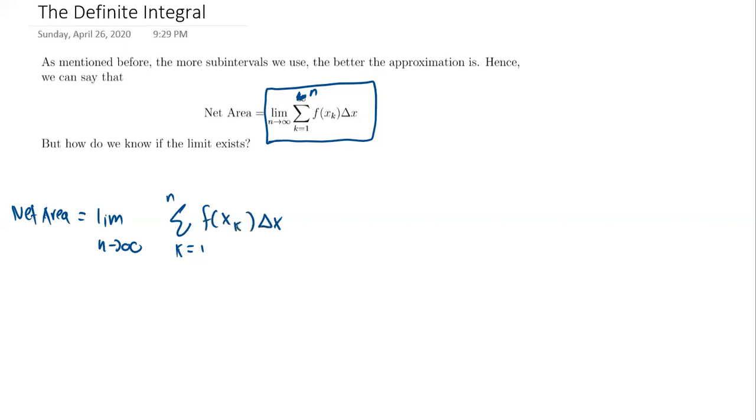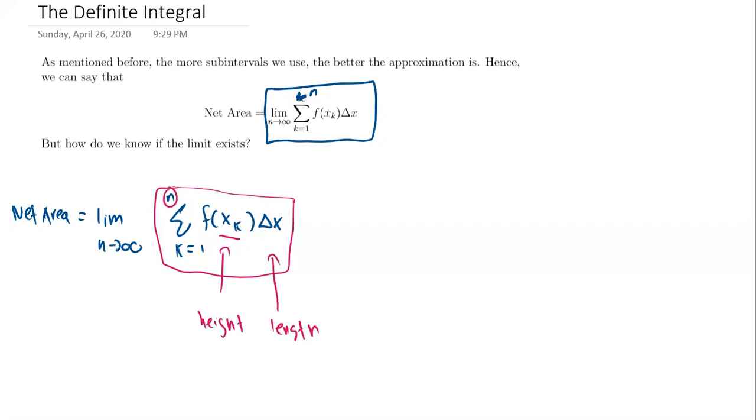If you remember, when we were doing the examples with sigma sum notation, this n meant that we had n subintervals. We were picking an x value in each subinterval. It was either the left endpoint, the midpoint, or the right endpoint. We evaluated the function, and this was giving us the height of the rectangle. The function evaluated was the height, and this was the length. And n was the number of subintervals.